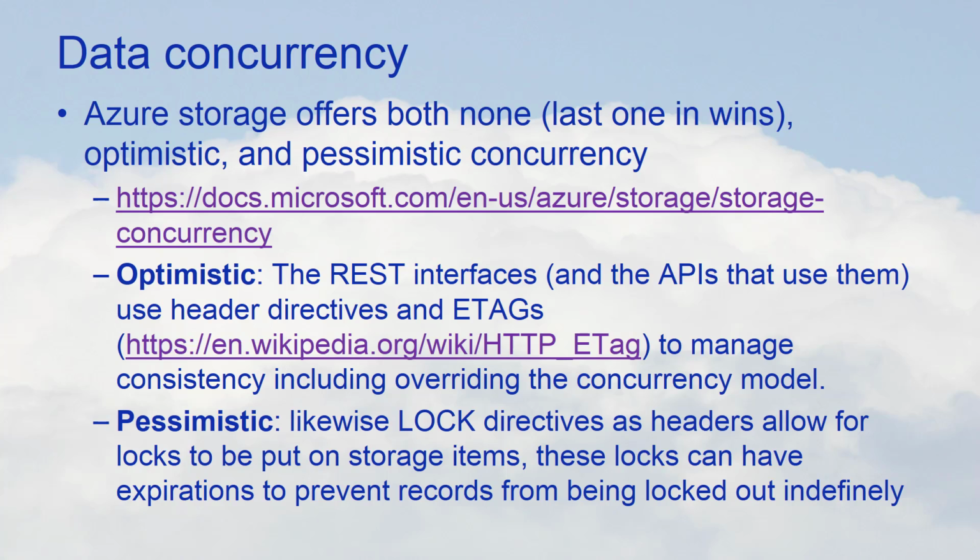And if the time span has expired, they'll be allowed to write, and you'll see an optimistic error if you then subsequently try to write. So you have the choice of 3 concurrency models, none, optimistic, and pessimistic, that you can tune for your scenarios.